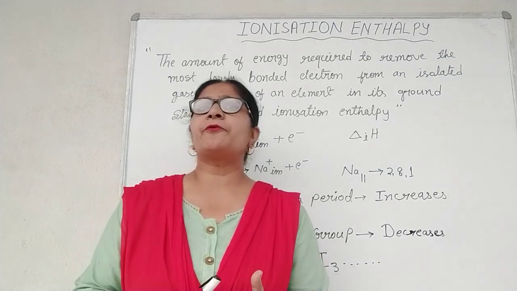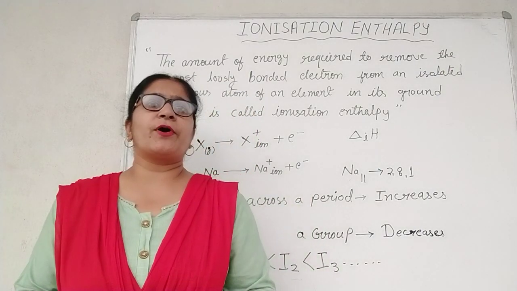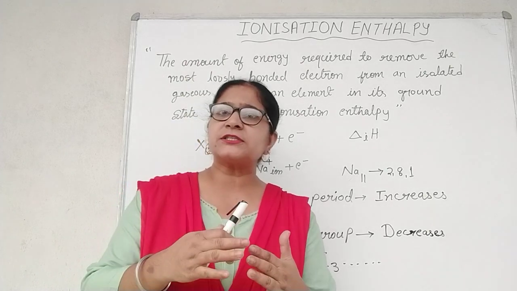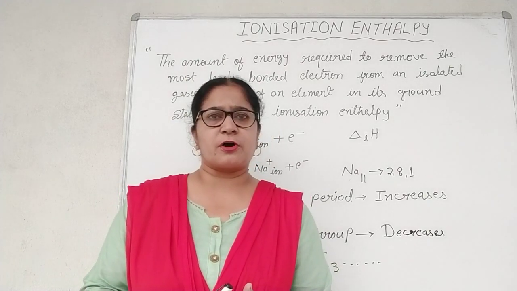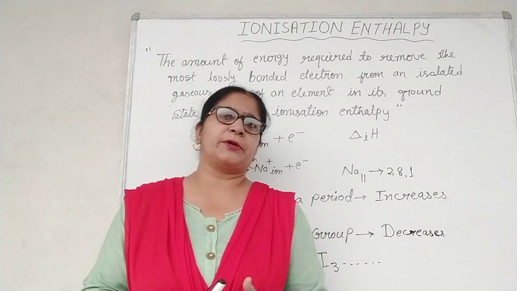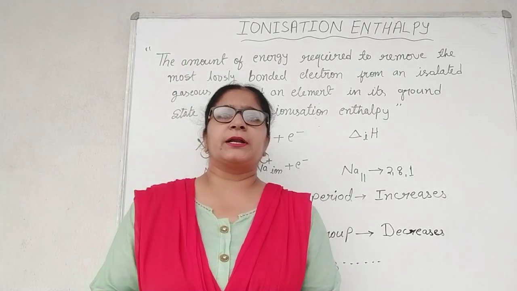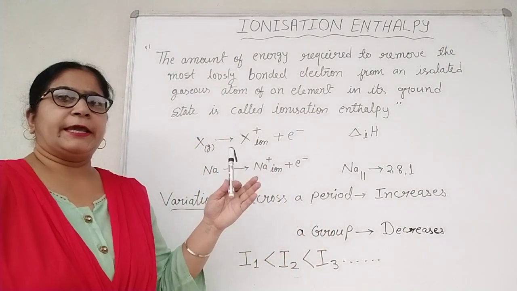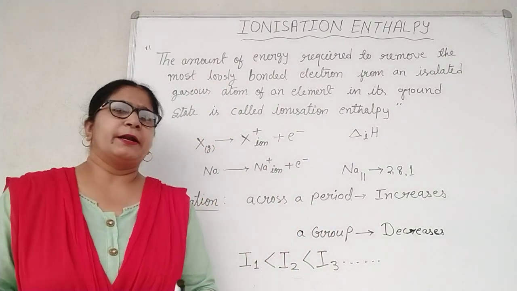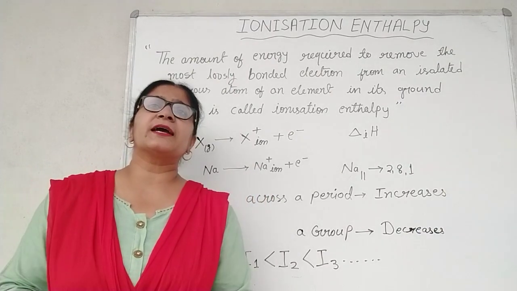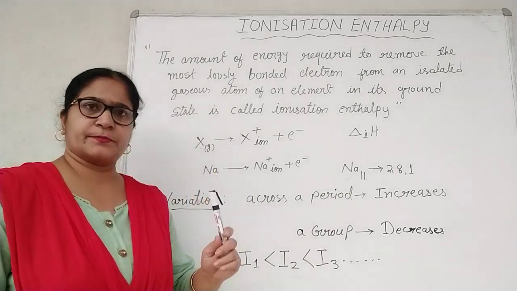Therefore, the energy required to remove the first, most loosely bonded electron is known as the ionization enthalpy. For example, suppose we have an atom named X in the gaseous state.